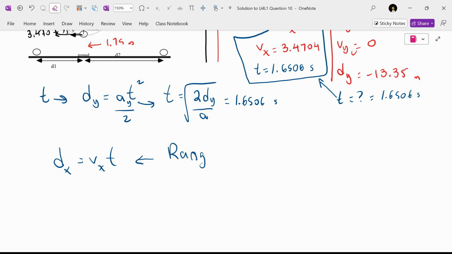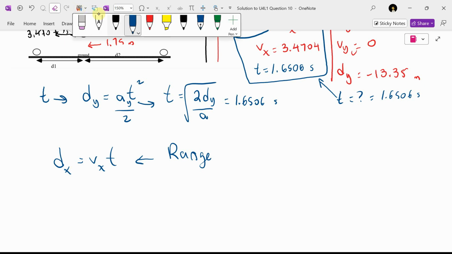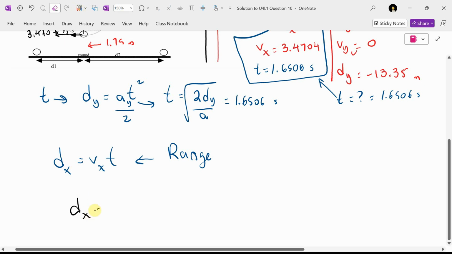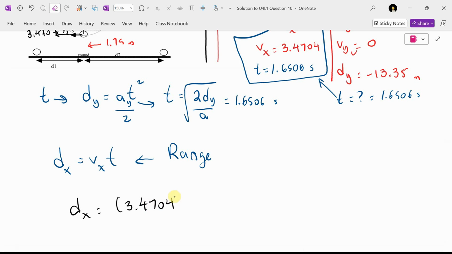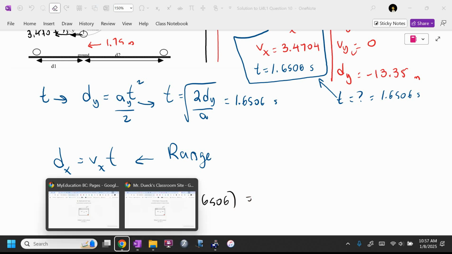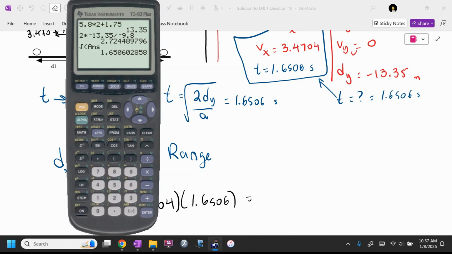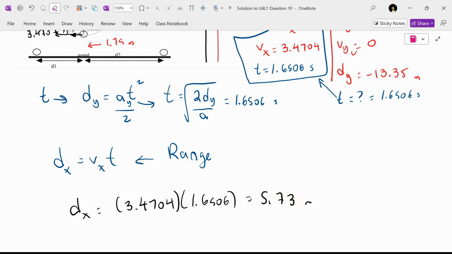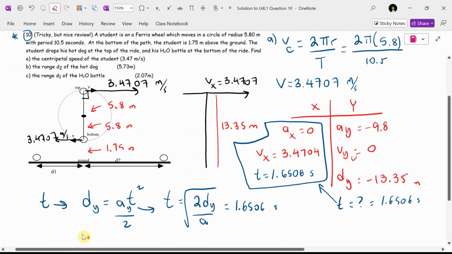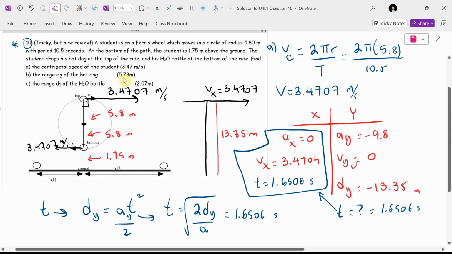A is 0. So dx equals vx times time, 3.4707 times 1.6506. I'm using my answer button. And if I've done this right, 5.73 meters. If I go up, there it is, 5.73.